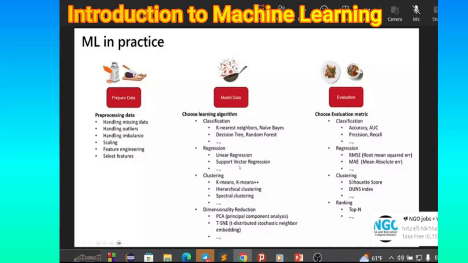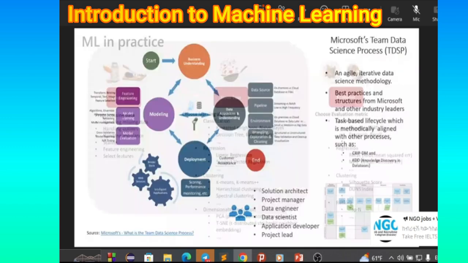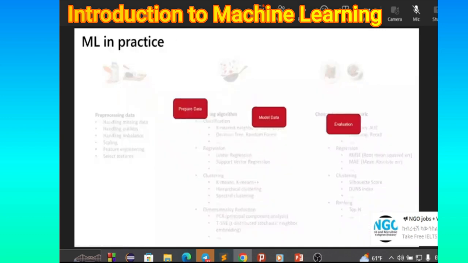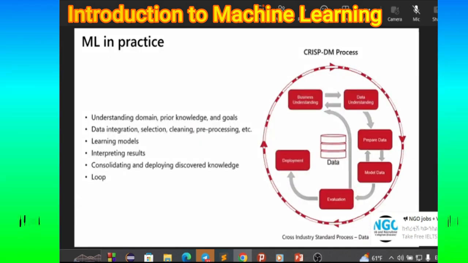And another thing we have here is the Microsoft team data science process. A couple of slides ago, this was our framework. This framework has been there, as I said earlier, for more than 2 decades.